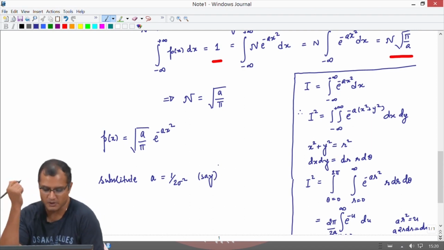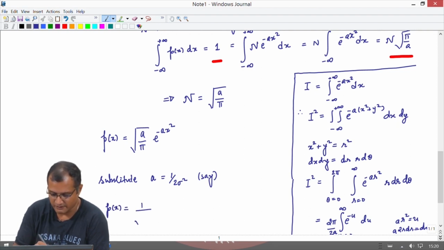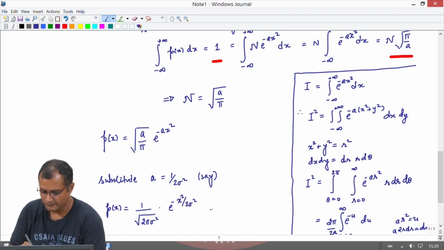Then you will see that this PDF becomes the Gaussian PDF that is naturally commonly found in literature. So, with a as 1 upon 2 sigma square, this becomes a standard Gaussian. Now, this is the normalized Gaussian distribution.